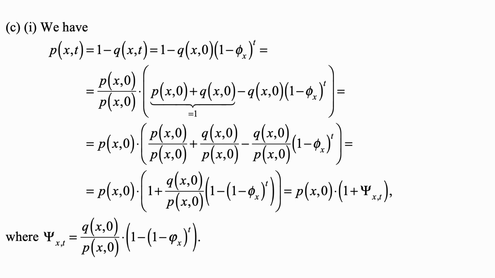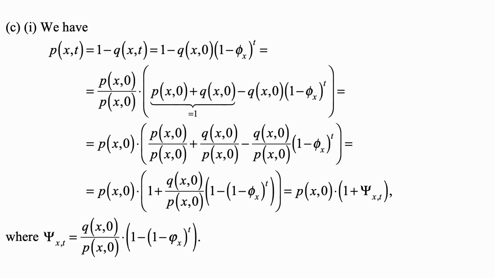And then we write 1 as p of x0 plus q of x0, and then minus q of x0 times 1 minus phi sub x to the power t. And then we take that p of x0 in the denominator and put it inside, and so the whole thing becomes p of x0 times p of x0 over p of x0 plus q of x0 over p of x0 minus q of x0 over p of x0 times 1 minus phi sub x to the power t.